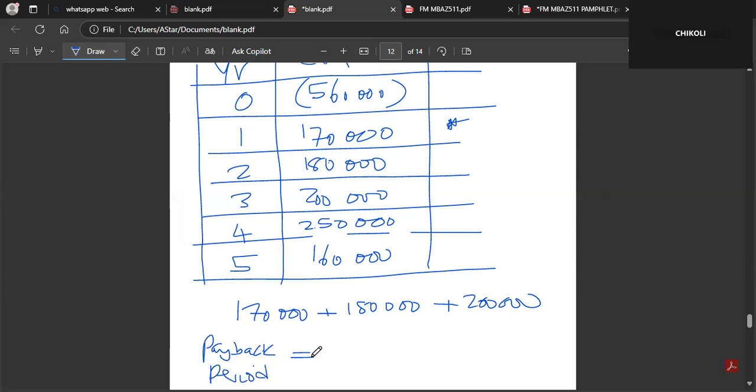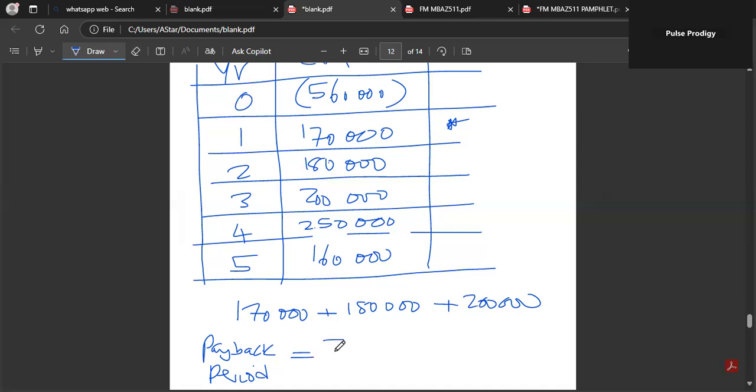So it will be 3 point... Let me see. 3.06.